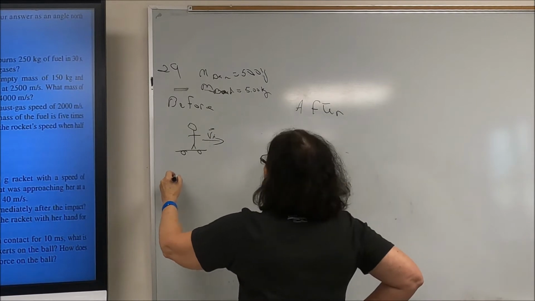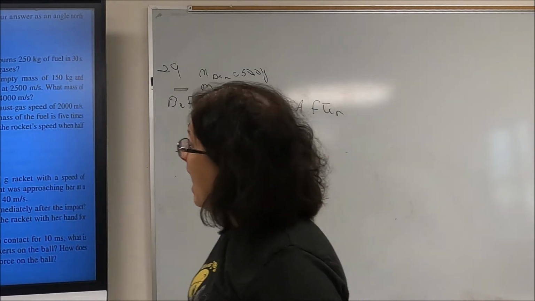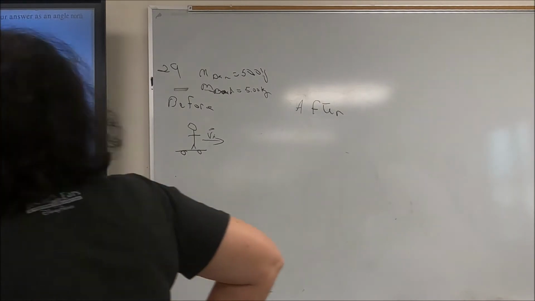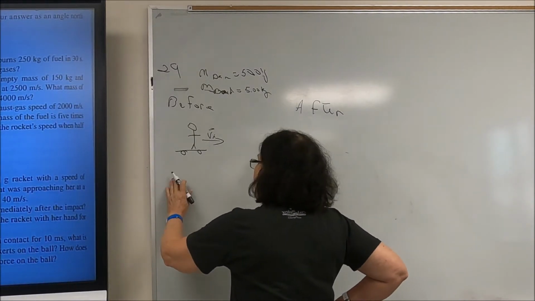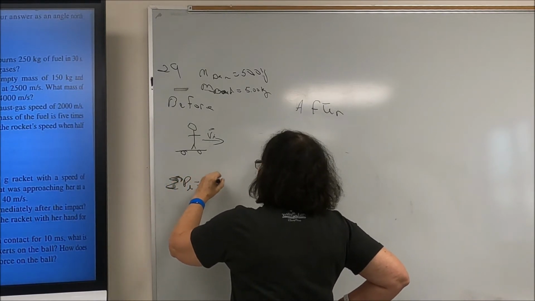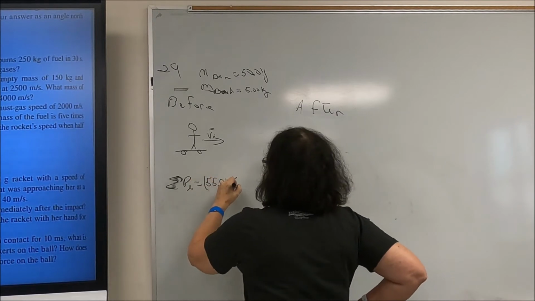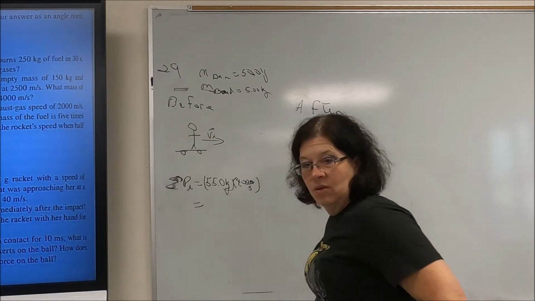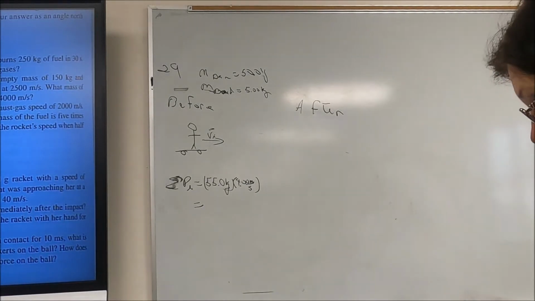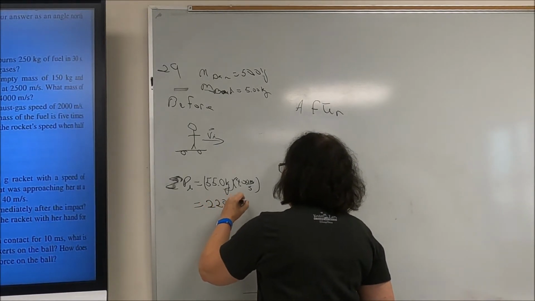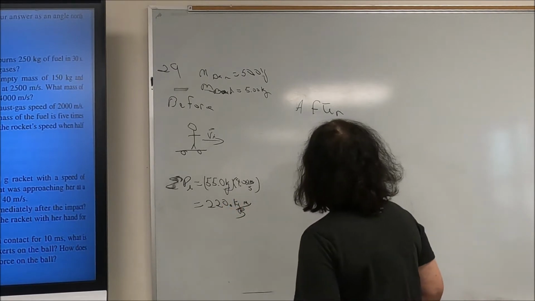They're one object, traveling at 4 meters per second. So momentum initially would be 55 kilograms, their combined mass, times 4 meters per second. 55 times 4 is 220 kilograms meters over seconds.